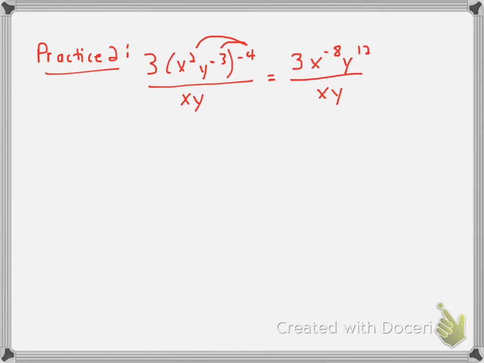So you don't have to distribute the 3? No, you would not distribute to the 3 because the 3 is outside the parentheses. It's just what's inside the parentheses that's being raised to the negative 4th power. I know, but why wouldn't you distribute the 3 to x to the negative 8 and y to the 12? Oh, because the 3 is a coefficient, not an exponent. You can multiply the exponents, but not the coefficient with an exponent.